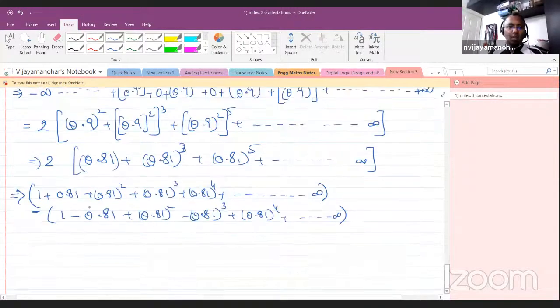Now if you see, all the even powers will get cancelled out, all the odd powers will get added up, and hence it will give me 2 here.